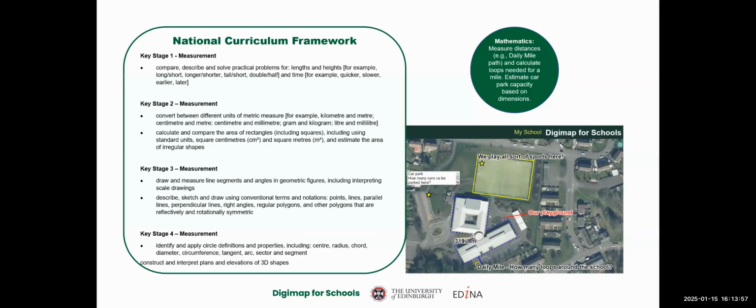And it's the same even through key stage 3 and 4, when students are supposed to measure areas and calculate formulas. They are doing that for a polygon that they relate to, or measuring the distance between two countries, the size of the country and the population, and making all those equations.